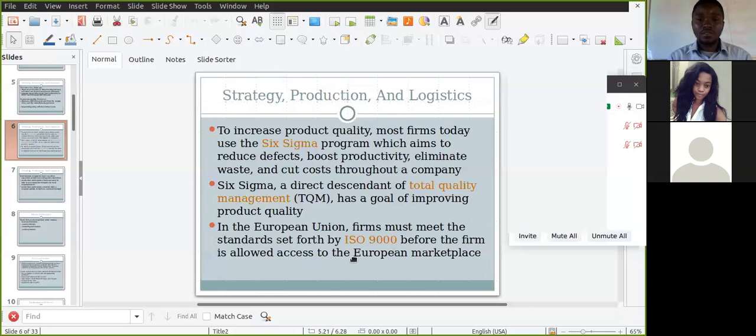Most countries ensure that they have a body that ensures that the product that a given firm is manufacturing for a target population meets the required standards, and they ensure that no counterfeit products are circulated on the market because they can cause negative impacts to the people.